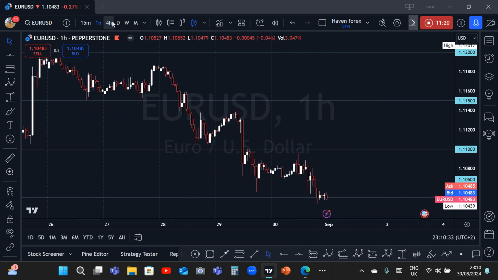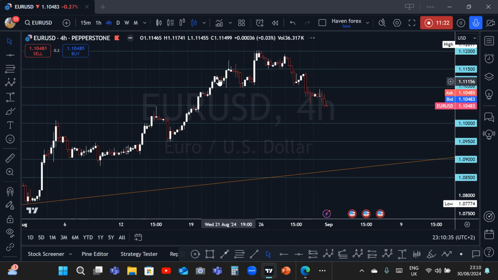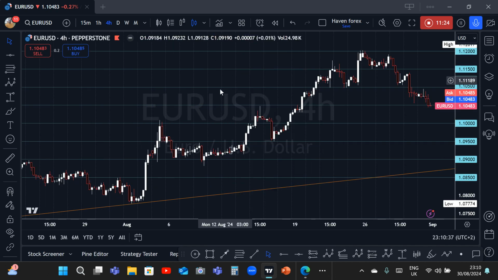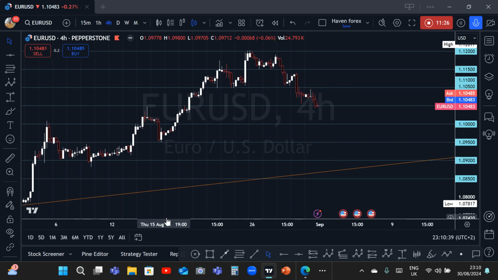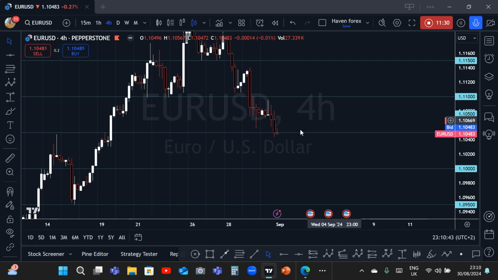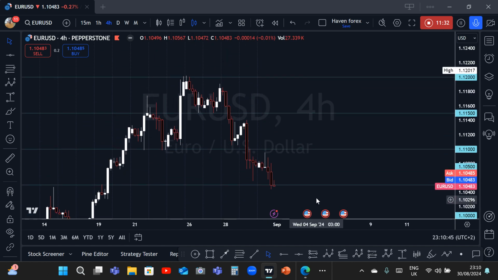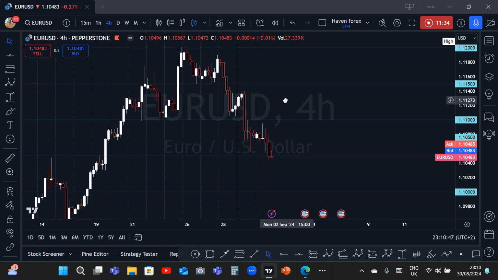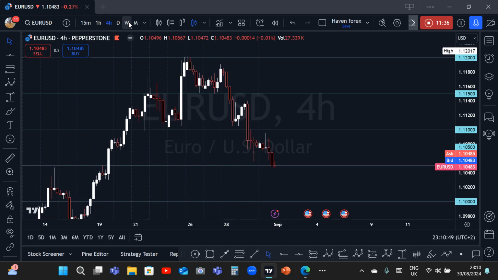the 1 hour chart. Oh, one moment. The 4 hour chart, I beg your pardon, so that you guys will understand when they're saying 4 hours, 1 hour, so that you won't get confused, most especially new traders. Like I said, on the daily chart, one candle represents one day. When you now scale down to the 4 hours chart, one candle represents 4 hours.